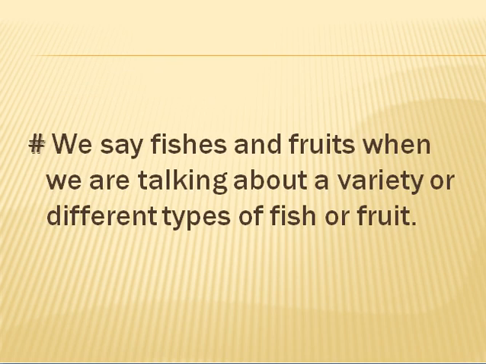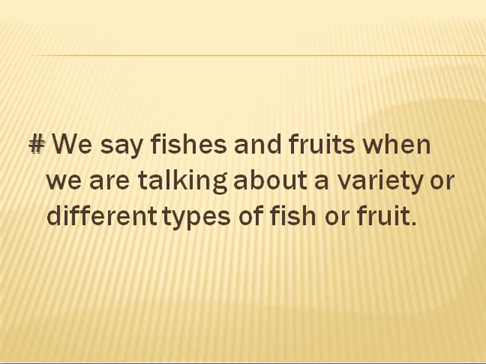Now here is one important note, like we say fishes and fruits when we are talking about a variety of different types of fish or fruit. See, in the last example I have told you that fish remains fish in the plural form also, but you heard many times that we used to say fishes or fruits.